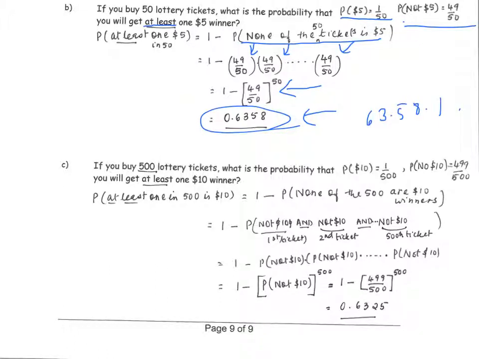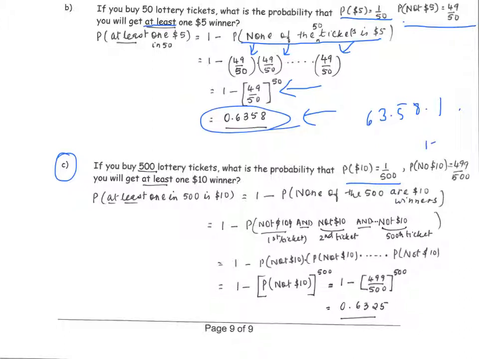Now, what if you buy 500 lottery tickets? What is the probability that you will get at least one $10 winner? So what is the probability of getting a $10 winner? It is 1 over 500. What is the probability of not getting a $10 winner? It is 499 over 500. How did we get this?